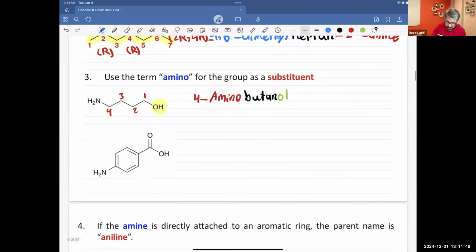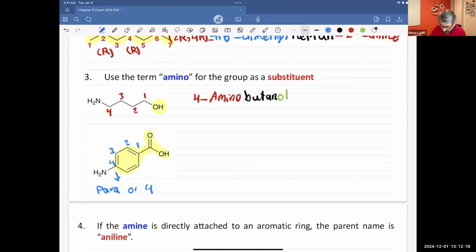Okay, next one, we have a carboxyl group and an amino group. The priority will go to the carboxyl group, and the carboxyl group is attached to a phenyl ring. That's going to be benzoic acid. And then you start labeling from here. 1, 2, 3, 4. This one is a para position, or you can say 4.